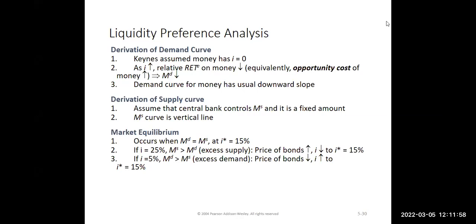This is another theory from which you can find out the equilibrium interest rates, and the name of this theory is liquidity preference analysis. Liquidity means cash flow, kind of cash or assets like cash.